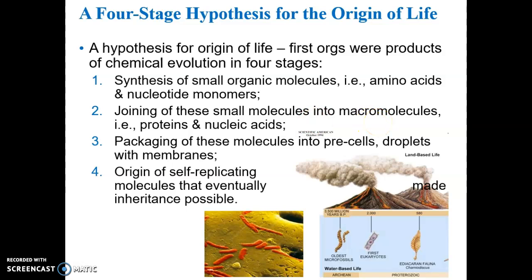That was the little electrodes mimicking electricity and the heat of the warm water. You can get the self-assembly of these macromolecules. So that sets up the stage for then the pre-cells forming, which we'll get to.